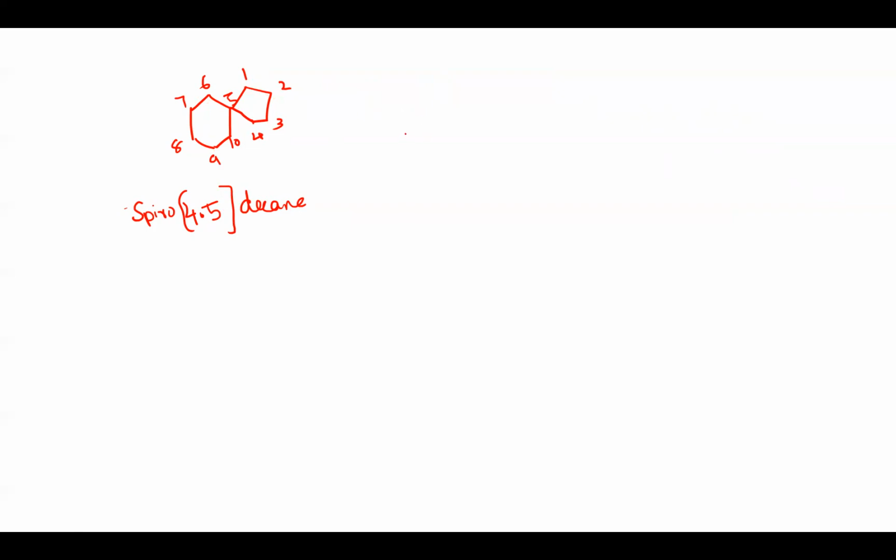Now let us see another case, in which we have this compound. Okay, this has a double bond. It's an unsaturated spiro compound. So this gets the lowest number.